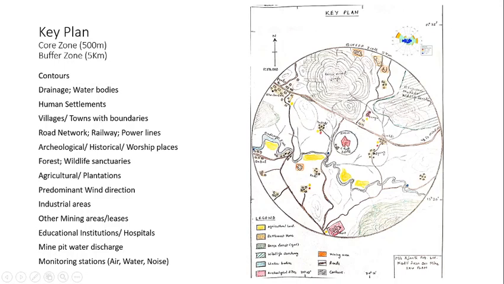The key plan, the same lease area I have shown here, there will be a core zone around the mining lease, which will be drawn around 500 meters from the lease boundaries, and the buffer zone here has a radius of 5 kilometers.